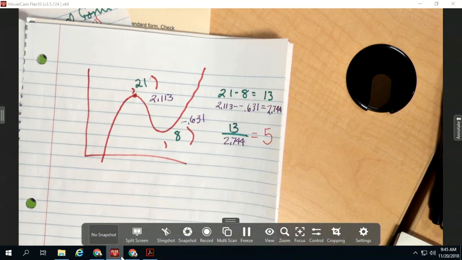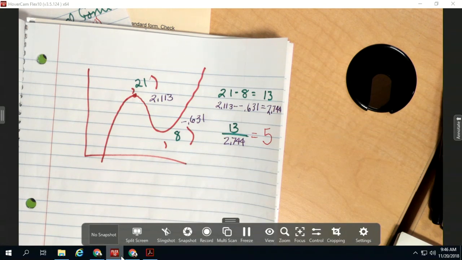And in real life, what did you get for an actual calculation when you did that? 13 divided by 2.744. What did your calculator come out as? 4.7. Okay. So in real life, we would have said 4.7. But they want you to make sure it's a whole number. Just for this class, they want you to keep it as a whole number.